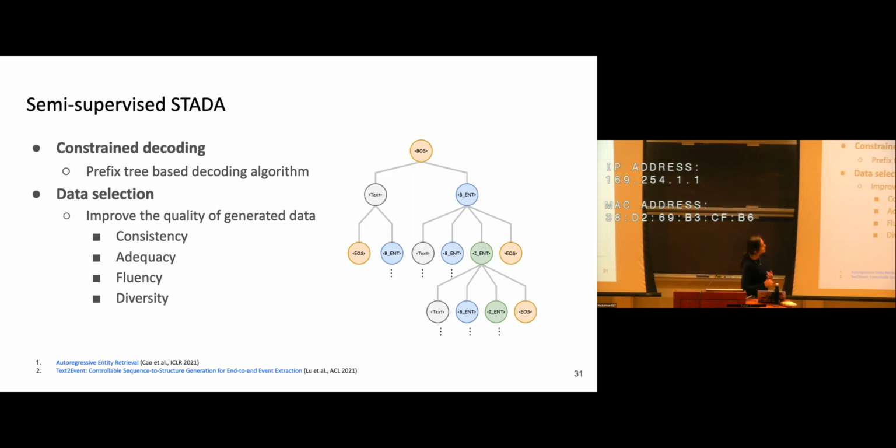So we measure consistency. How consistent is the resulting sentence with the original one that was input to the model? We look at adequacy, like, is this properly sentences, like do we consider that they are proper sentences according to natural language and a pre-trained model. We measure fluency, and then we also measure diversity.